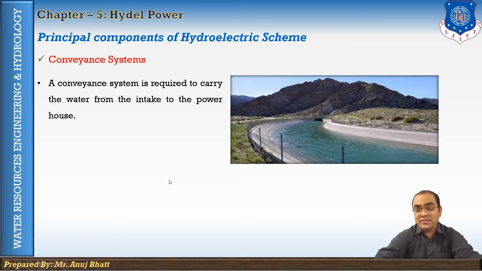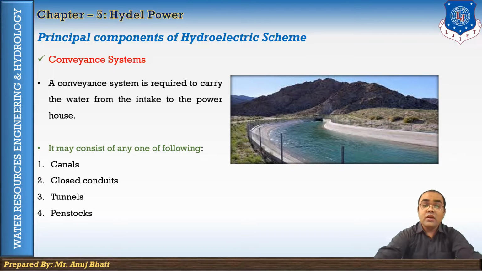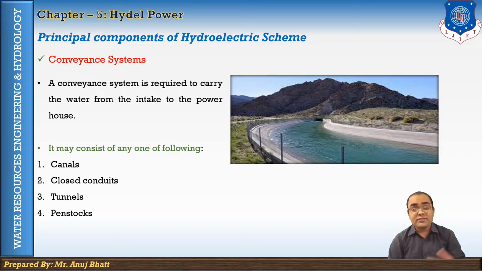It may consist of one of a few things: a canal, closed conduits, tunnels, or penstocks. The most suitable conveyance system for a particular project depends on a number of factors: topography, the discharge value, the head of the reservoir, then the distance between the intake and powerhouse structure, etc.